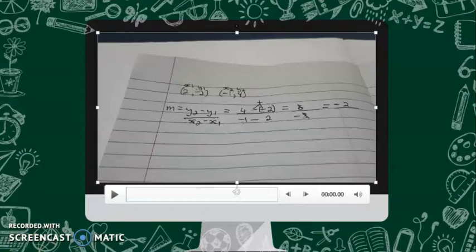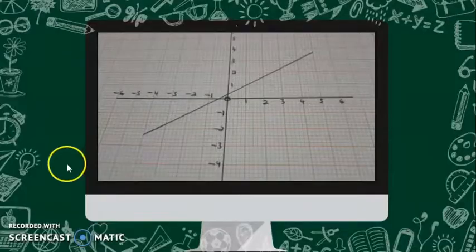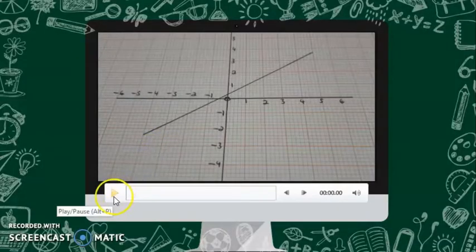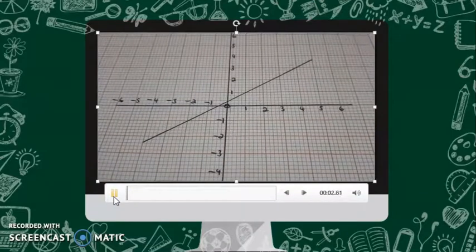So let's look at the second objective. Given a line, find gradient. Quick maths. So here we have a video doing just that. So we are given a line and we are to find the gradient.